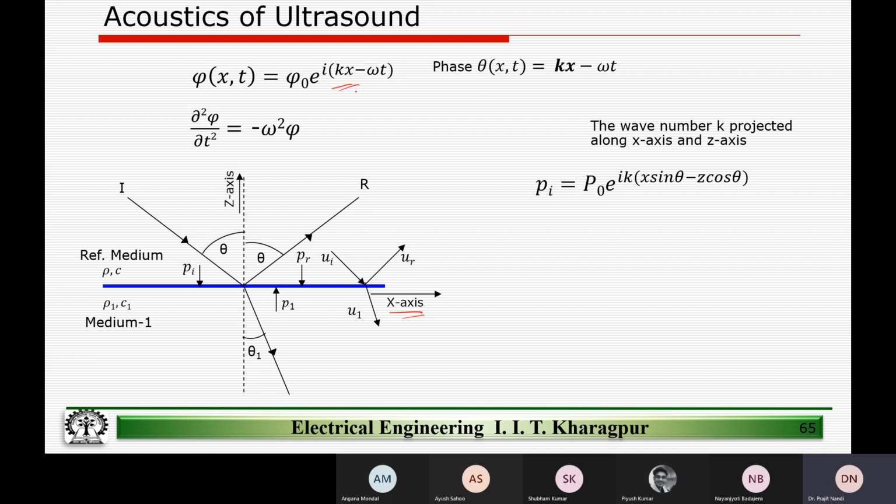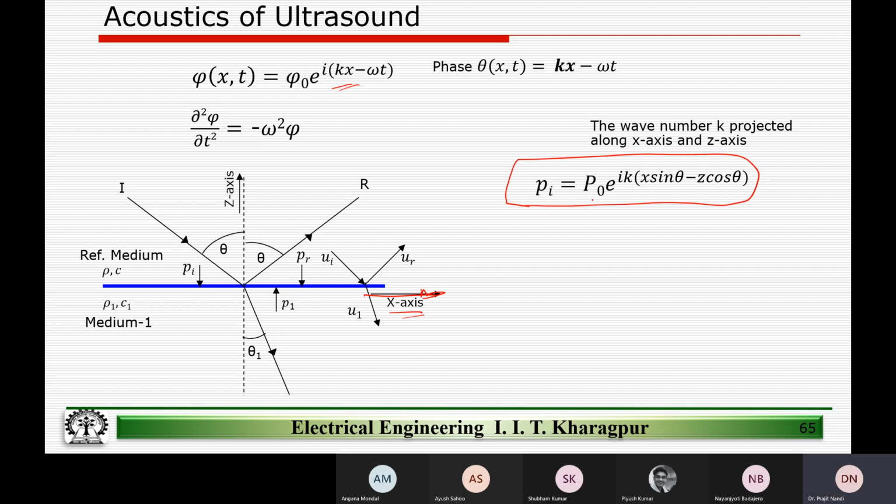I'm not writing omega t here because omega t is a function of time. All I'm interested in right now is seeing how the pressure is changing in my space, in my coordinate system. So if we change the coordinate system and rename the x-axis in this direction and the z-axis in this direction, then the same equation can be written as this, right?